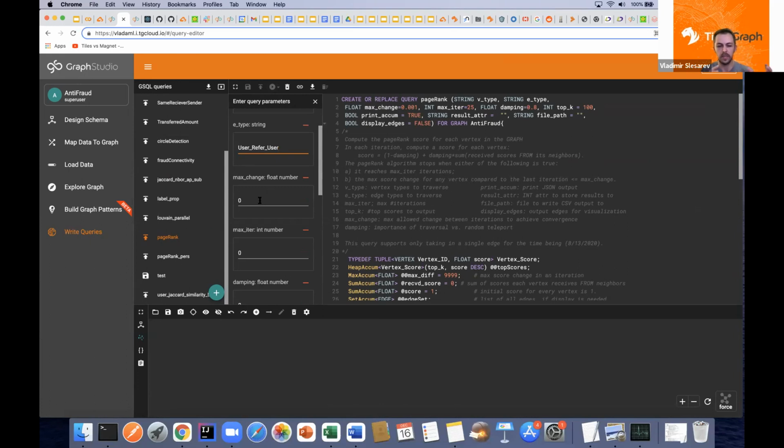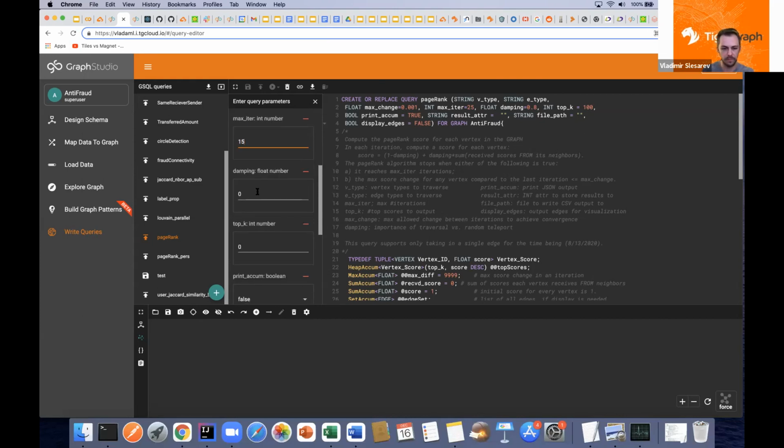And what does that mean? The user who may have invited the most other users within my system. These are just some of the parameters that we're specifying for my query.